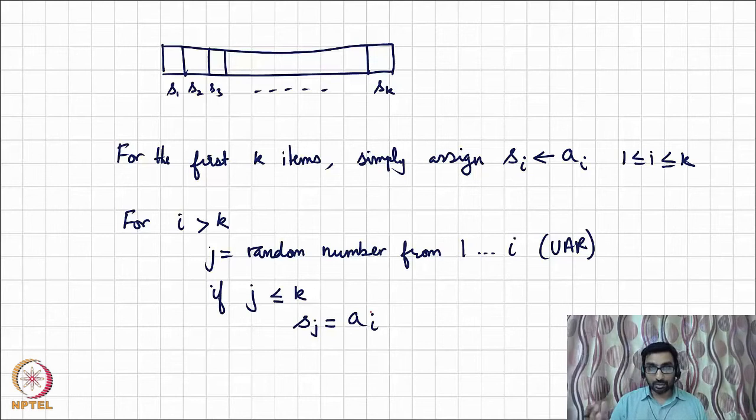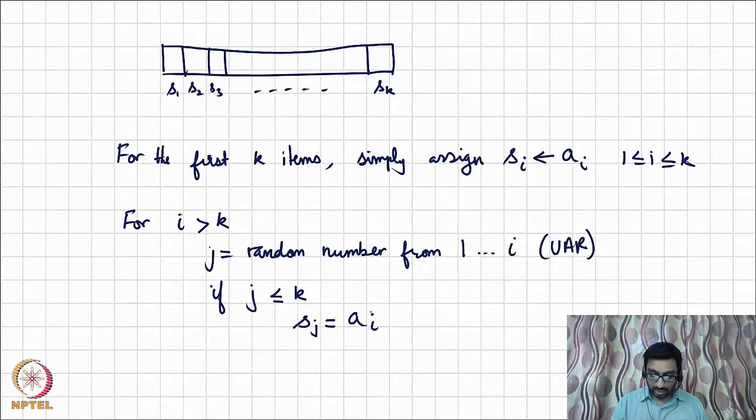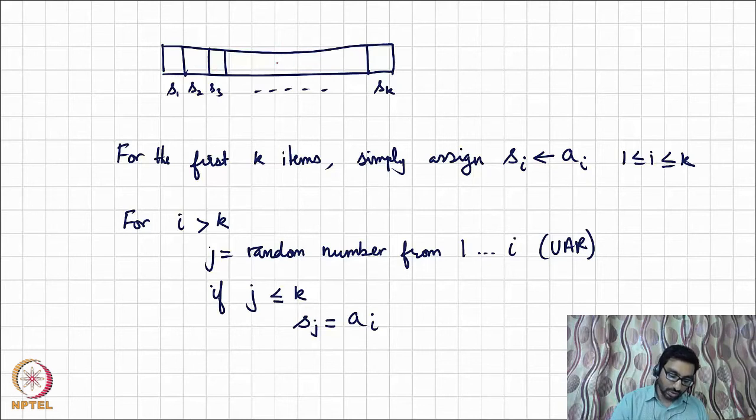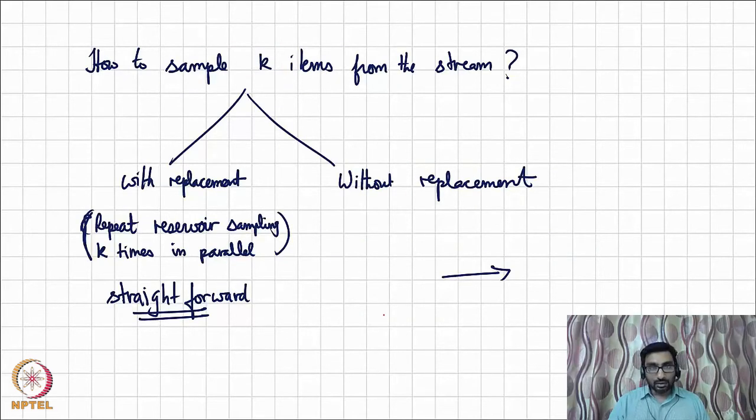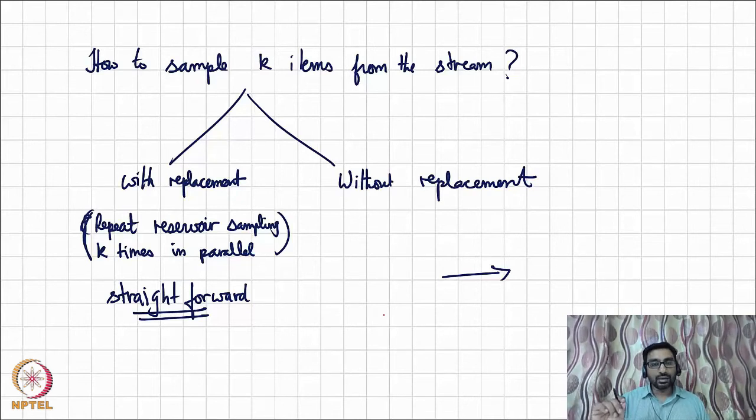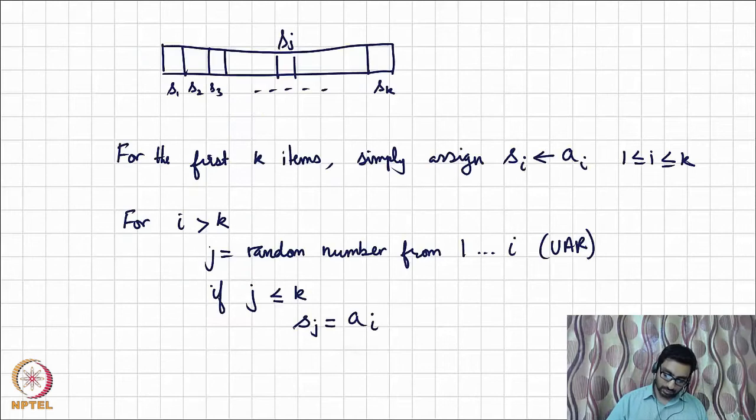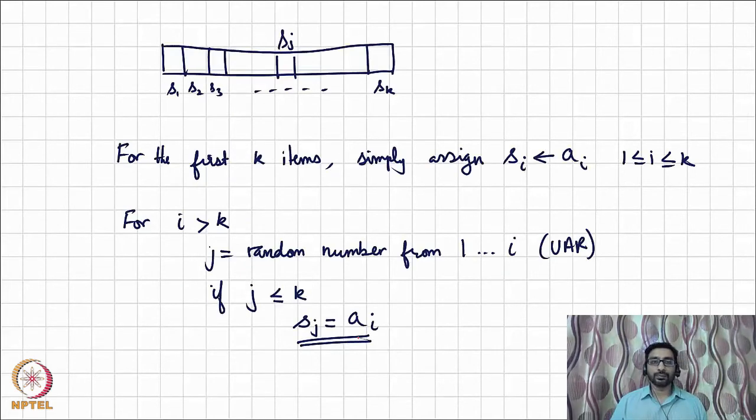So if the random number is less than or equal to k, that means Sj is somewhere here, and we replace the contents of Sj with ai. That's what we do here.